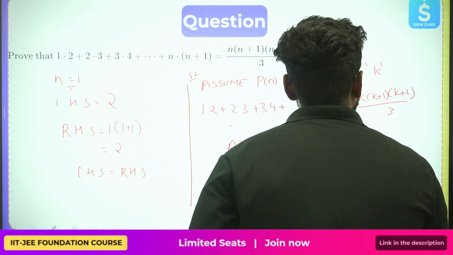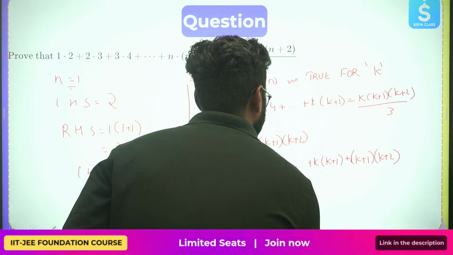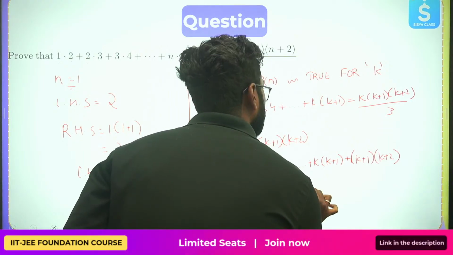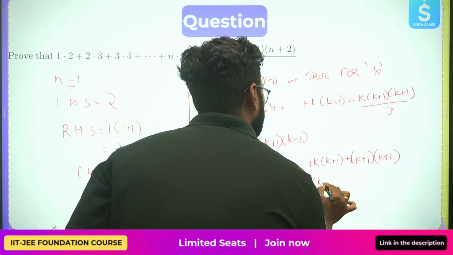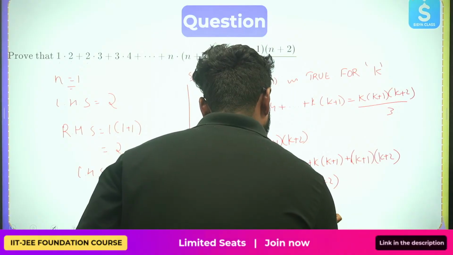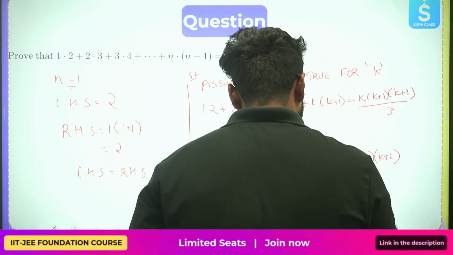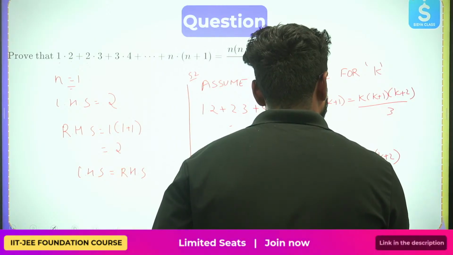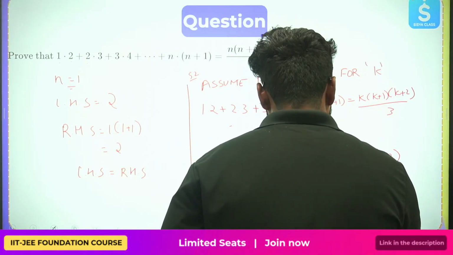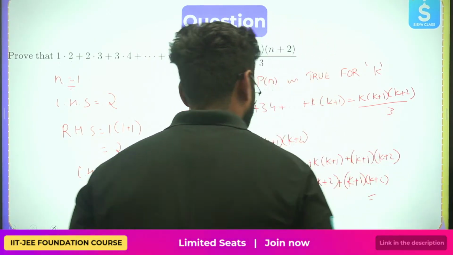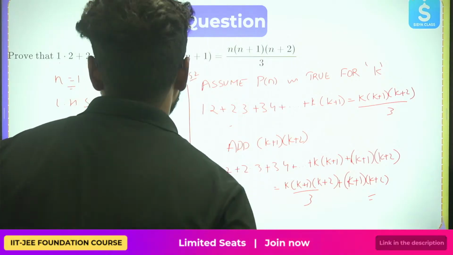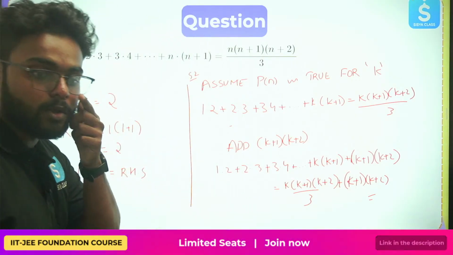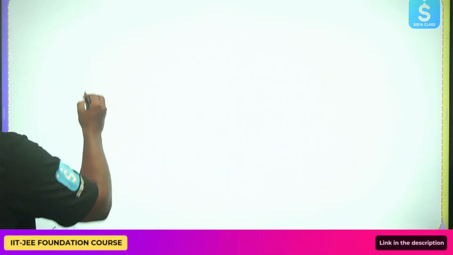Right hand side I will be getting k into k plus 1 into k plus 2 by 3, plus k plus 1 into k plus 2. Now what can I take? I can take k plus 1 into k plus 2 as common.